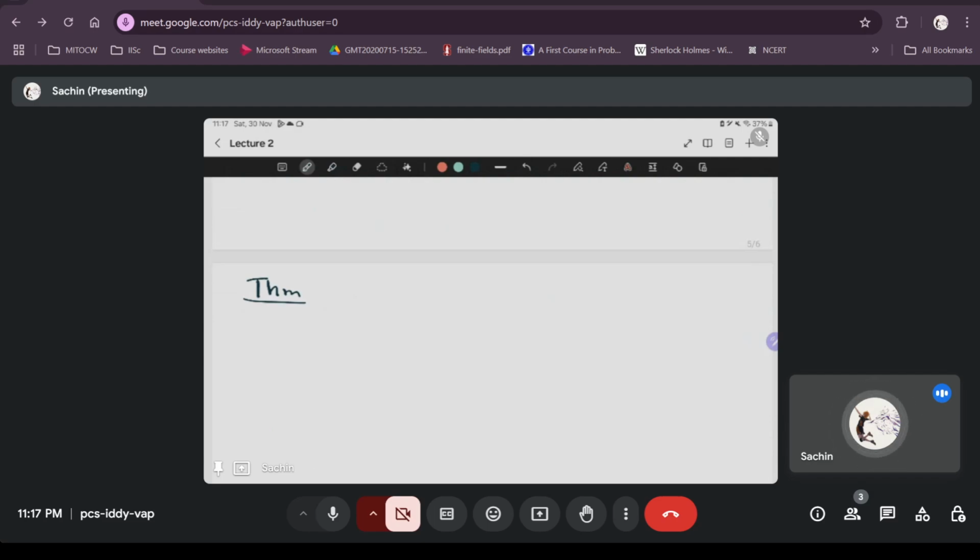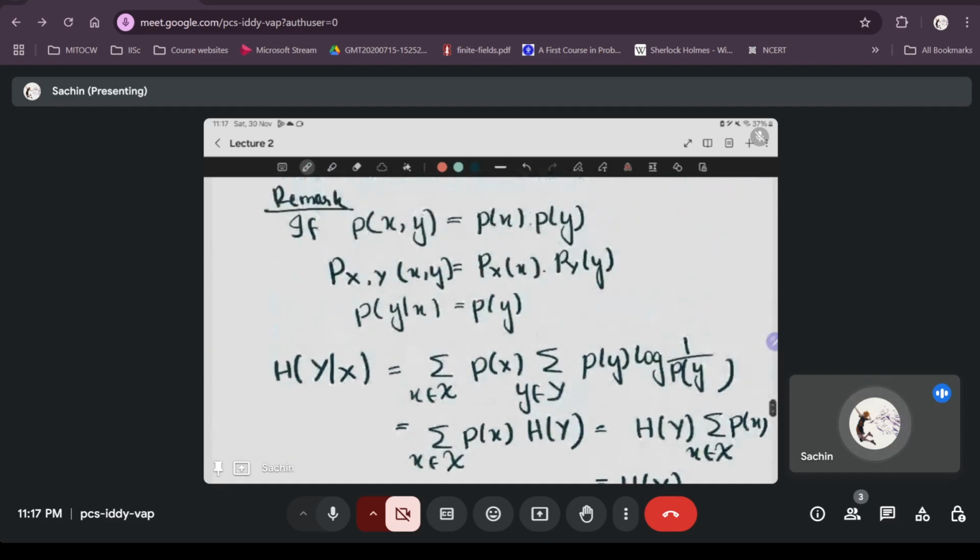So all this will be used there. For now, one more useful result is the chain rule, where if you have two variables x and y, the joint entropy in x and y is nothing but the entropy in x plus the entropy in y given x. So that you can work out yourself.